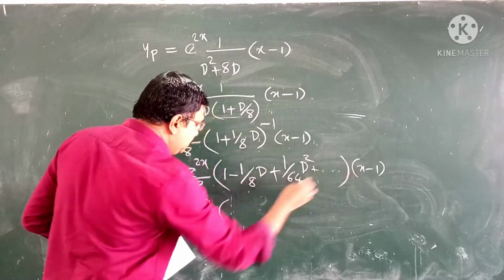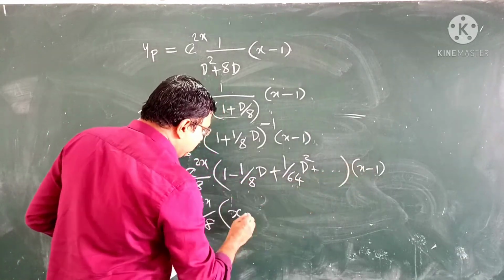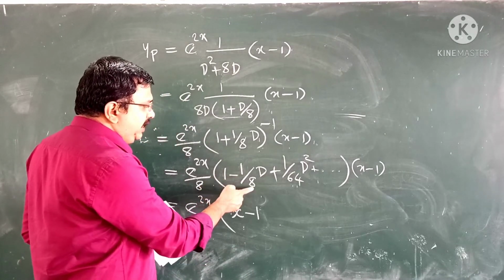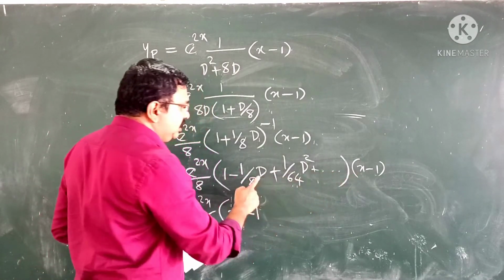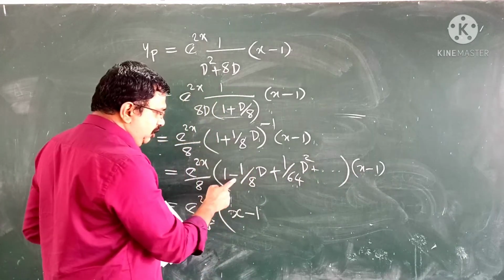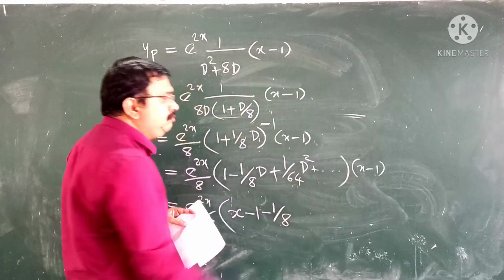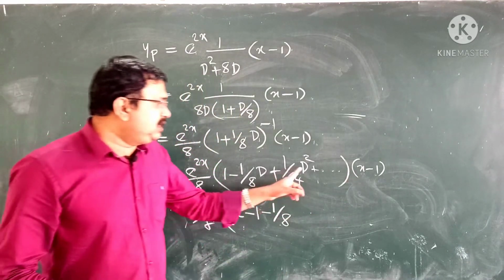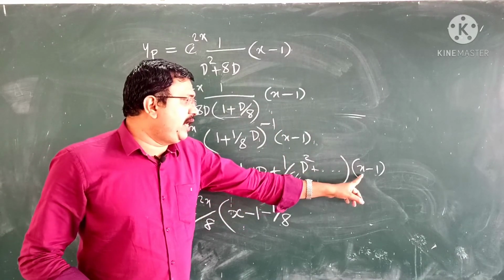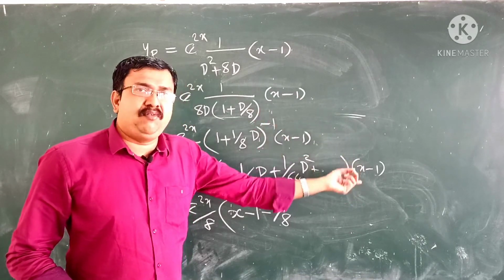That is equal to e^(2x)/8 into 1 into x is x, 1 into minus 1 is minus 1. Next, minus 1/8 D into x; D of x is 1, into minus 1/8, that is minus 1/8. All other terms will become 0 because D² means taking the derivative 2 times. We know that the derivative of x is 1, then the derivative of 1 is 0.